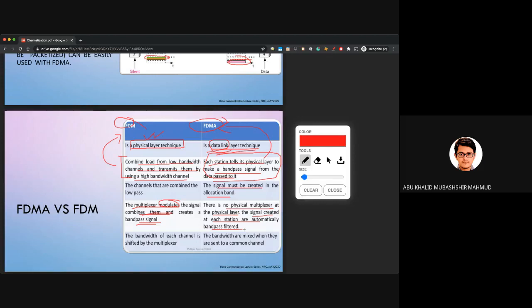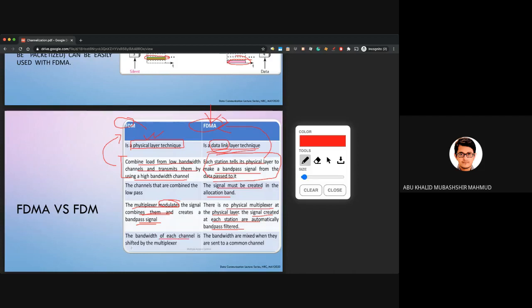So there is no need for the signals to be multiplexed, but multiplexing is needed under the multiplexing criteria in the physical layer. But in the data link layer, we do not need any multiplexing technique. We have our own multiple access protocols that are specific to this topic.